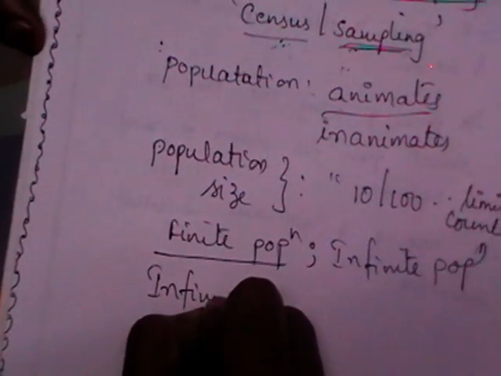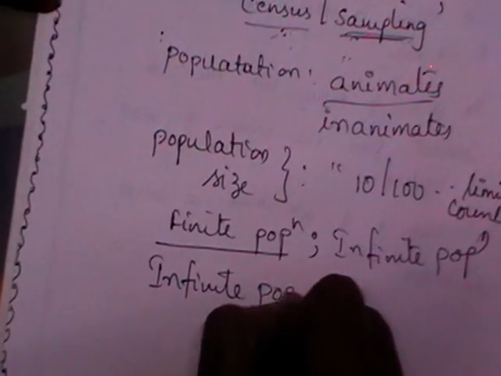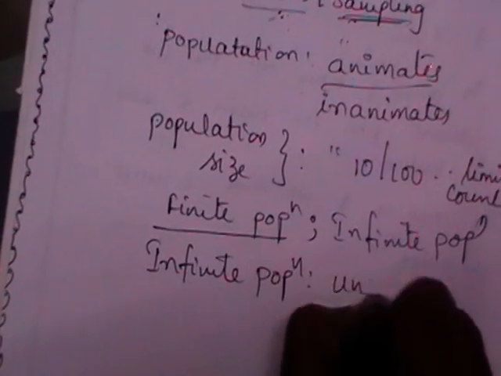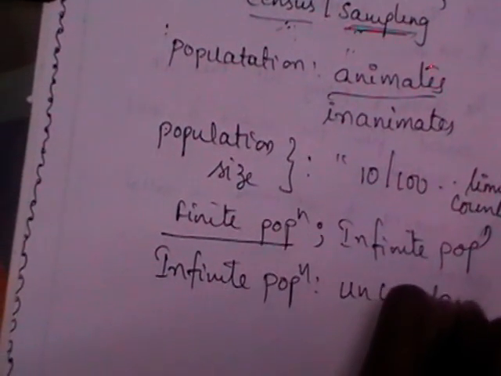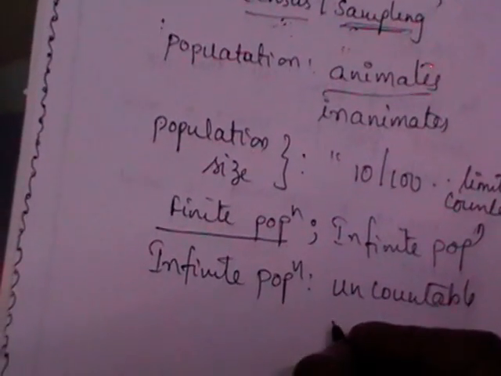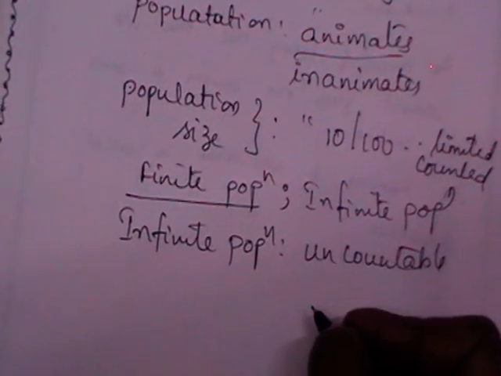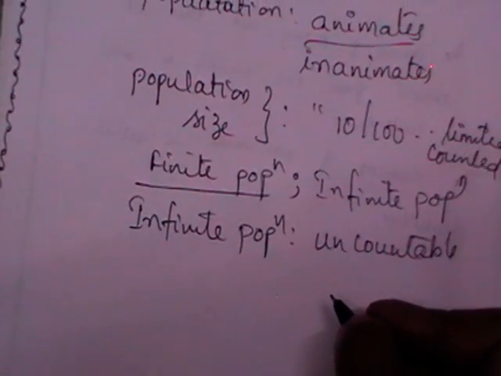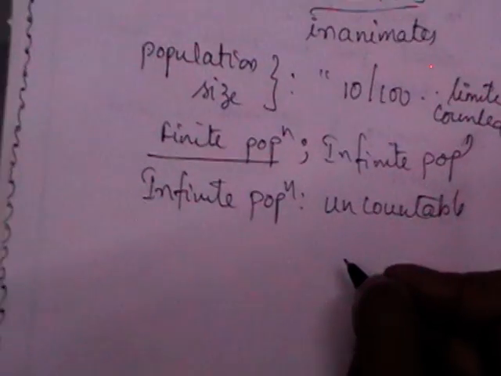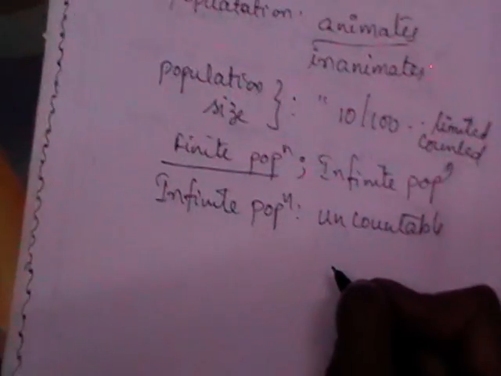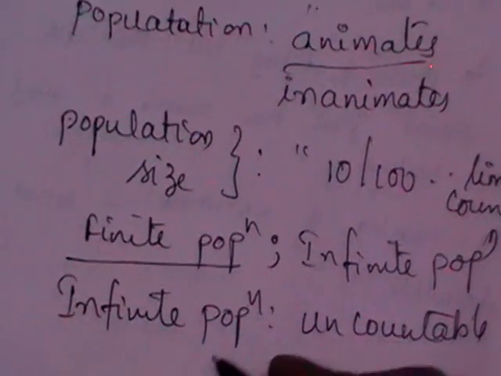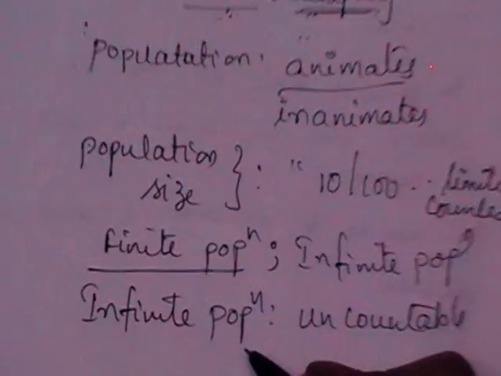Whenever the number of units in the population is uncountable, we call that an infinite population. The number of stars in the sky is uncountable. Similarly, water in the ocean is uncountable. So these come under finite and infinite population.